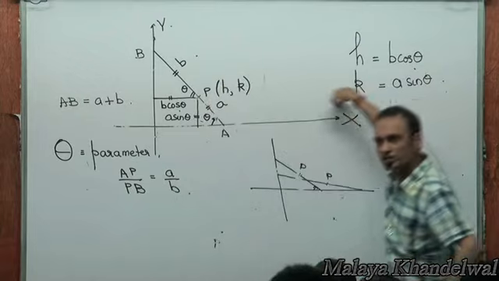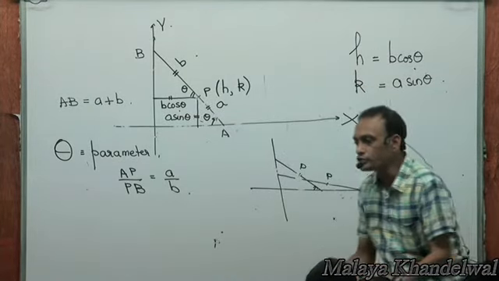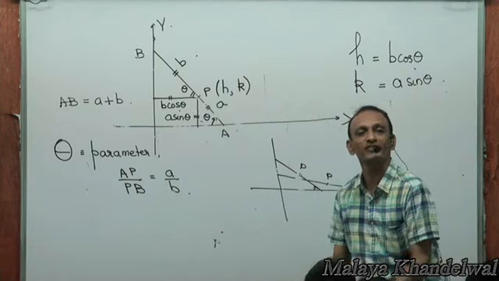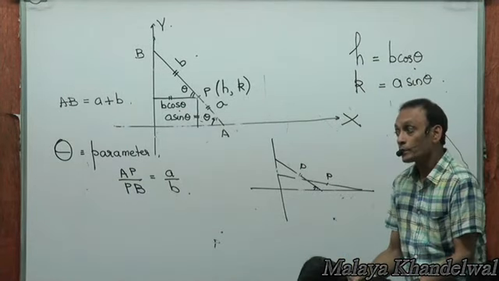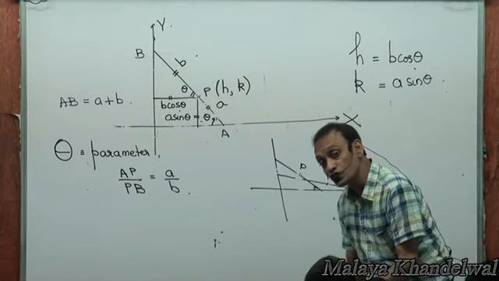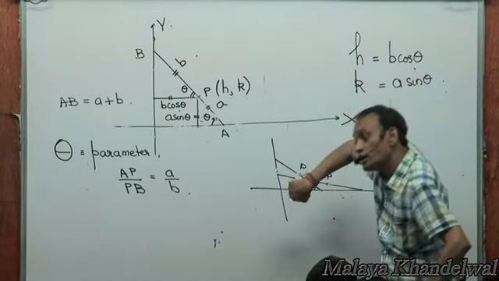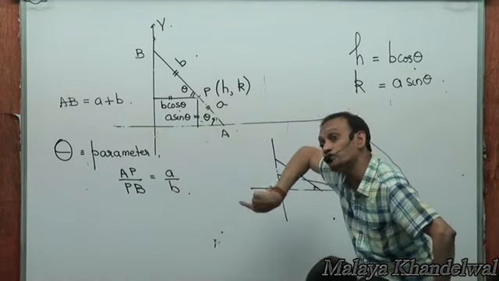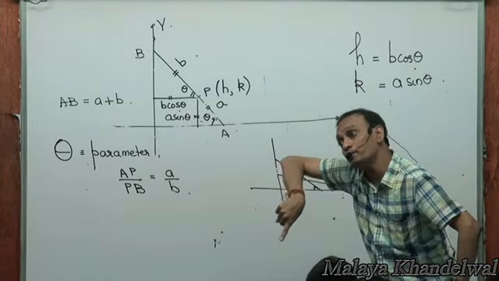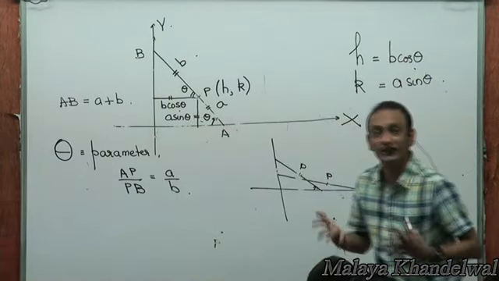This moving point has very many positions depending on theta. Now if I'm trying to connect the x and y coordinates of the moving point, then in order that I have a relationship which is universal for the entire trajectory, which is true for all points on the trajectory, that relationship should not depend on theta. It should be independent of theta.